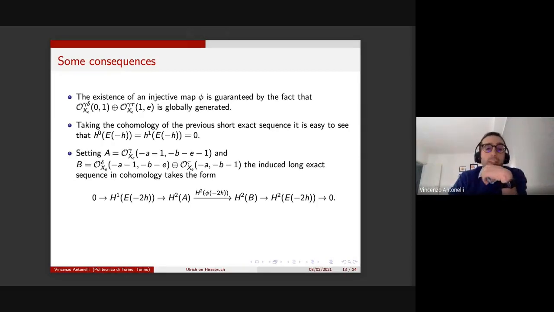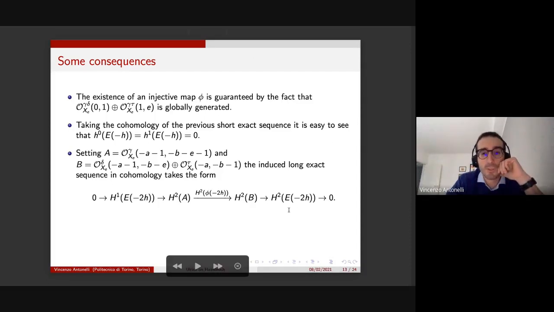And what happens is that if you twist the short exact sequence by minus 2H and you take the cohomology, you have this scenario. So you have the two cohomology groups that you want to kill, in some sense. And then you have this map between these two cohomology groups. And actually, these two cohomology groups have the same dimension.